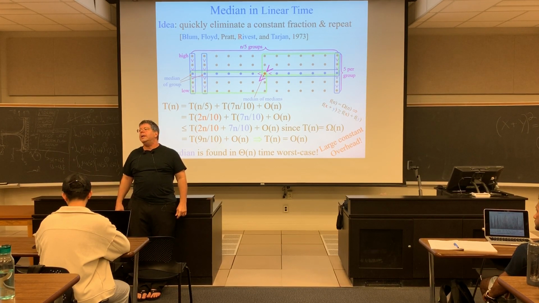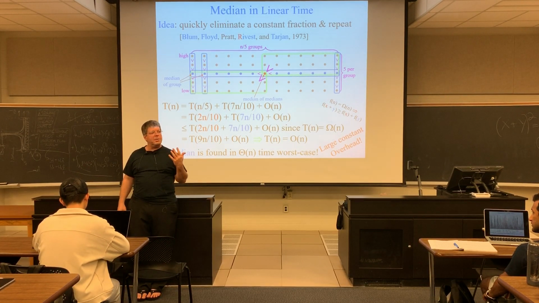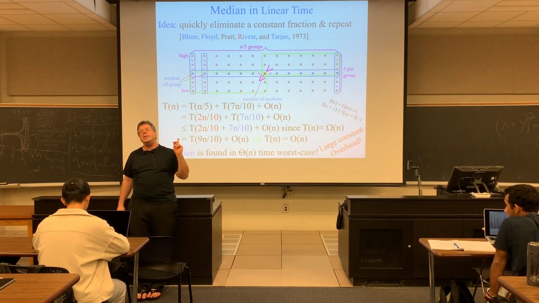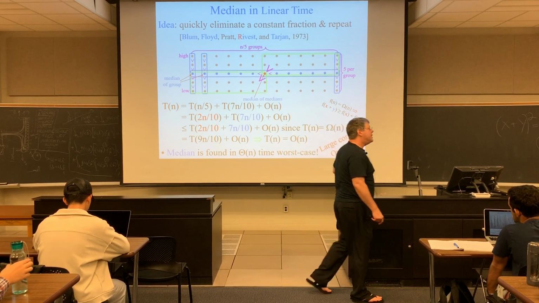How high? High enough so that if you want to find the median of only a few thousand things, don't use this. Just like quicksort, you don't want to sort a 5-card poker hand using quicksort for exactly the same reasons. A lot of overhead and recursion, and you just use bubble sort. So the constant here is large, and it's much larger than quicksort or quick select.